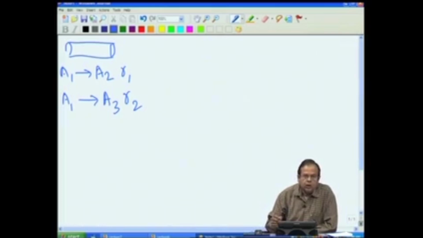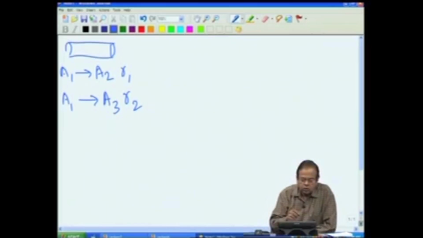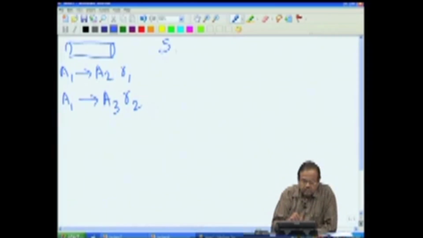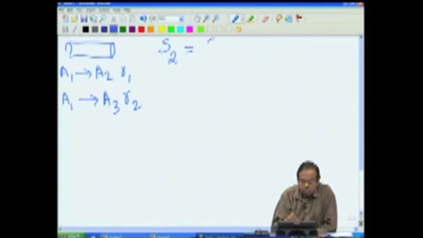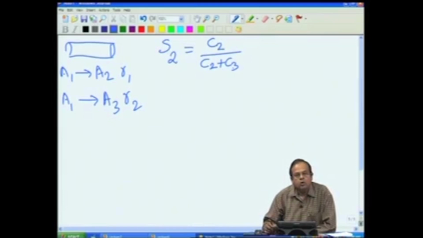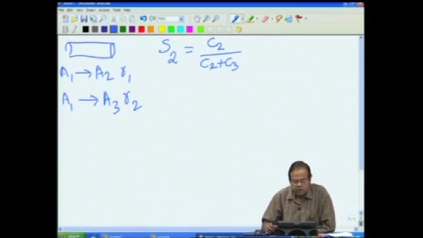So, we make another assumption that volumetric flow rate is constant. So, the selectivity capital S2, which is defined in terms of molar flow rates, can now also be defined in terms of concentrations, because we have assumed volumetric flow rate constant for sake of this illustration.